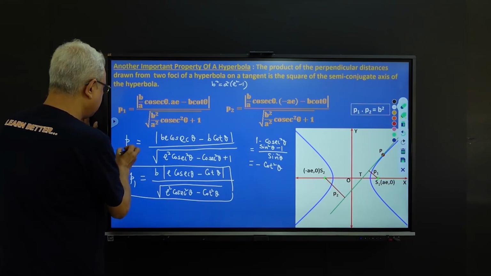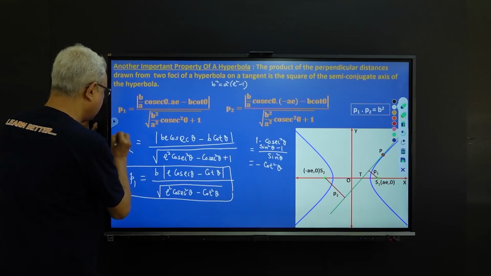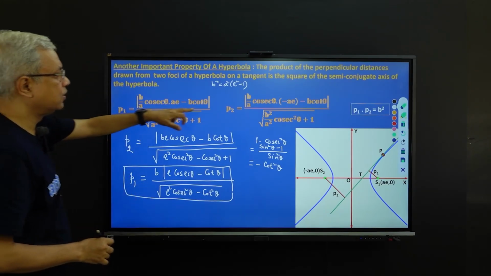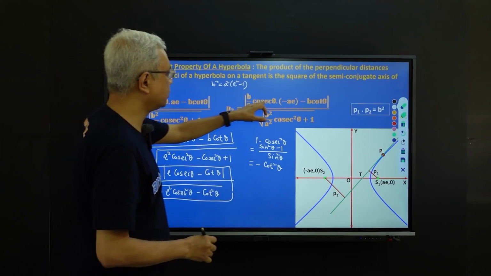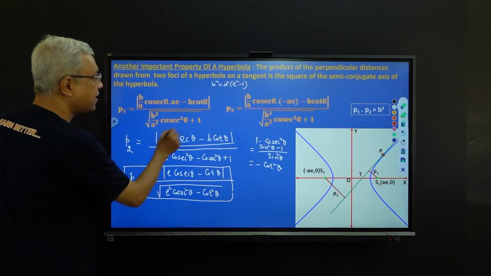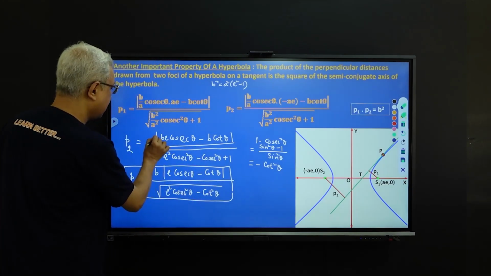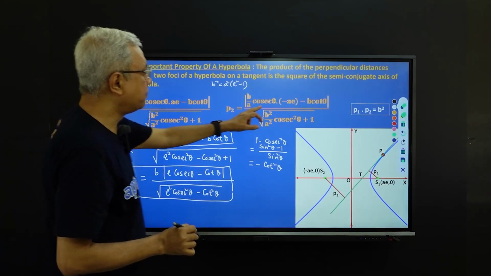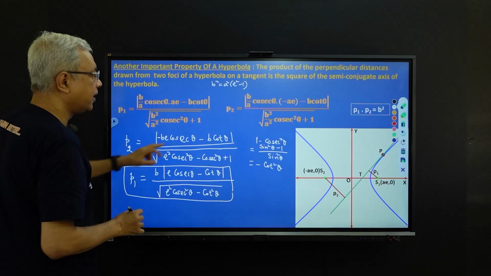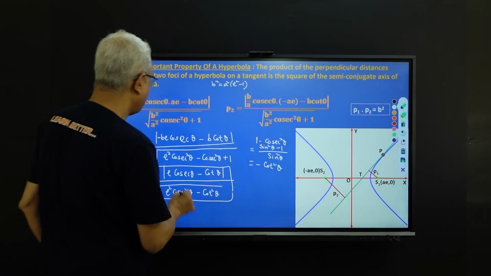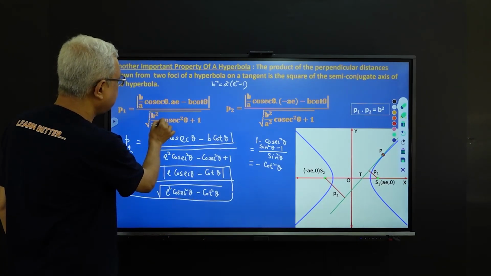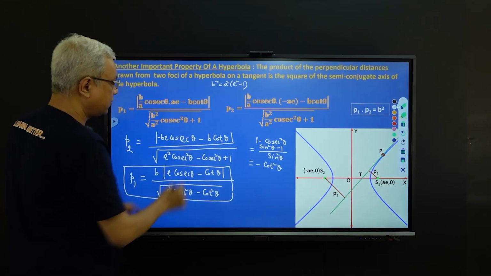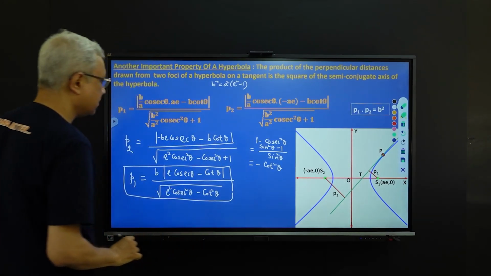Let me write over here. P2 is equal to b by a cosec theta minus a. So it is minus b cosec theta minus b cot theta. And here it is the same thing, because b square by a square cosec square theta plus 1 is appearing here.